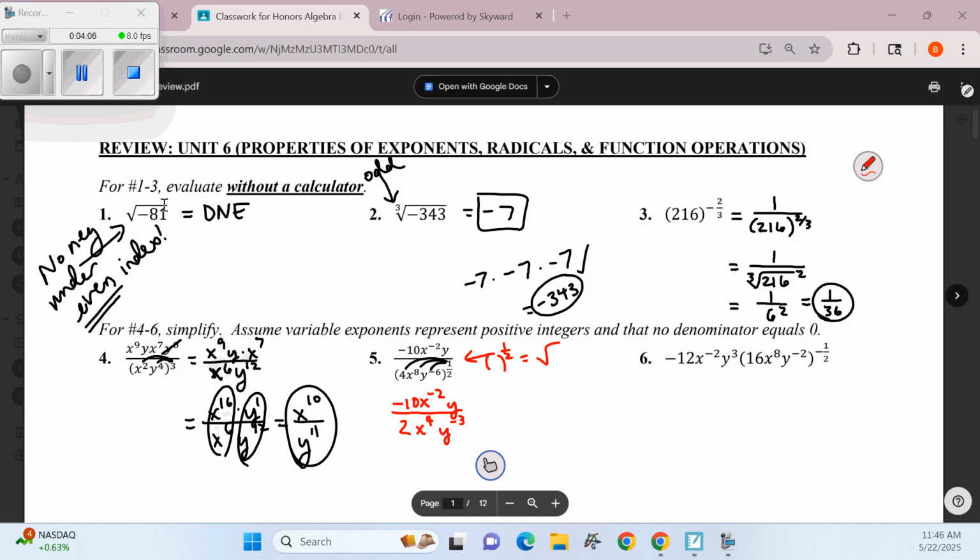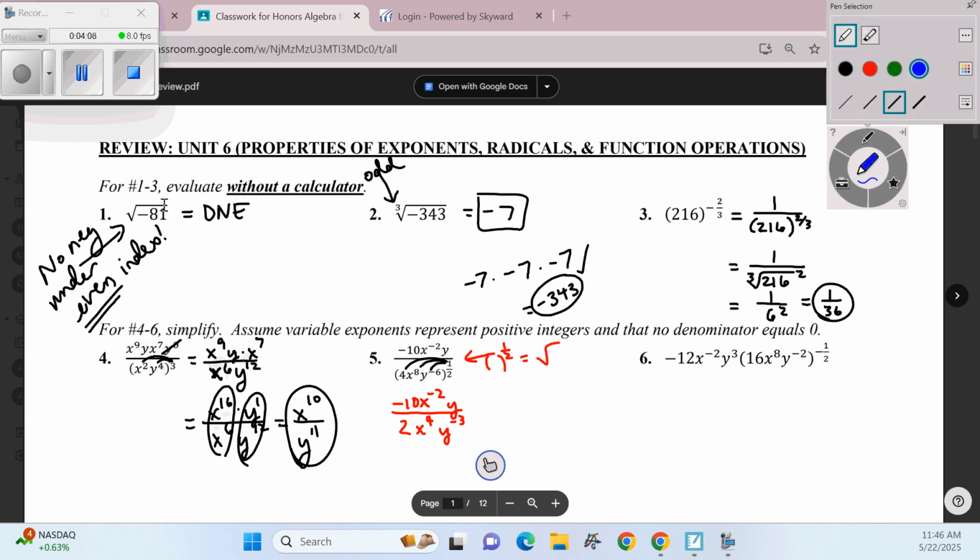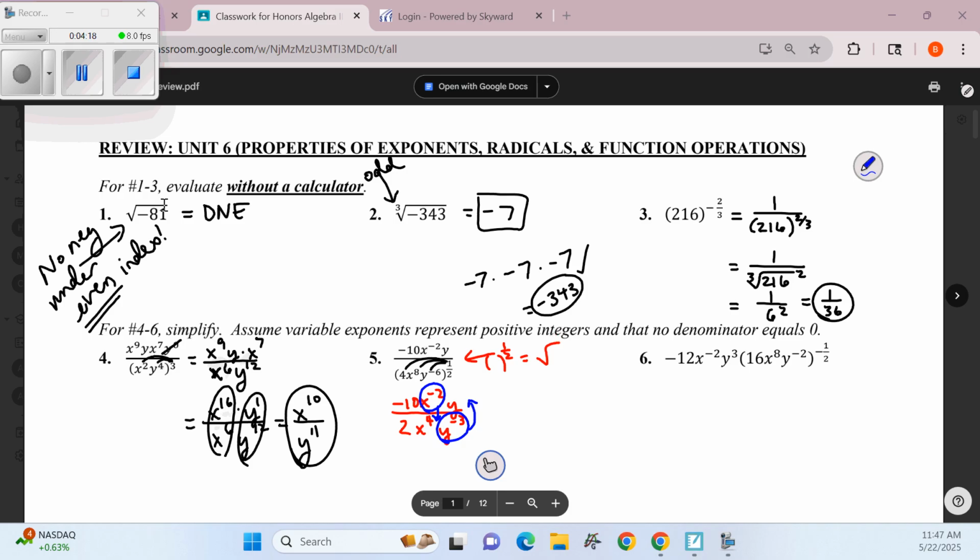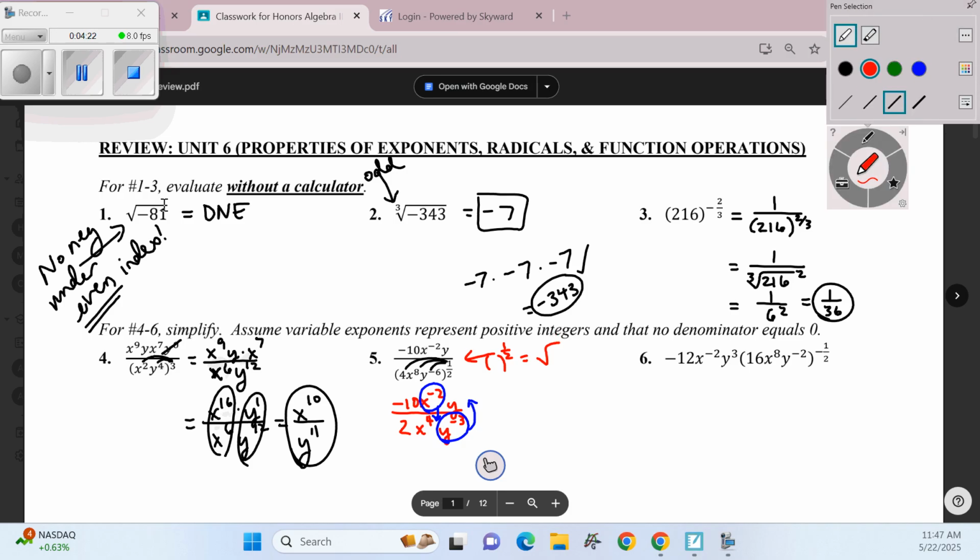And then we can go through and say, all right, anything with a negative exponent, not a negative number, so negative 10 is not going to go anywhere, but anything with a negative exponent is going to move across the fraction bar in order to become a positive exponent. So to finish this one up, we'd have negative 10, the y is still up there, and now we're also bringing up a y to the positive 3 when that crosses over.